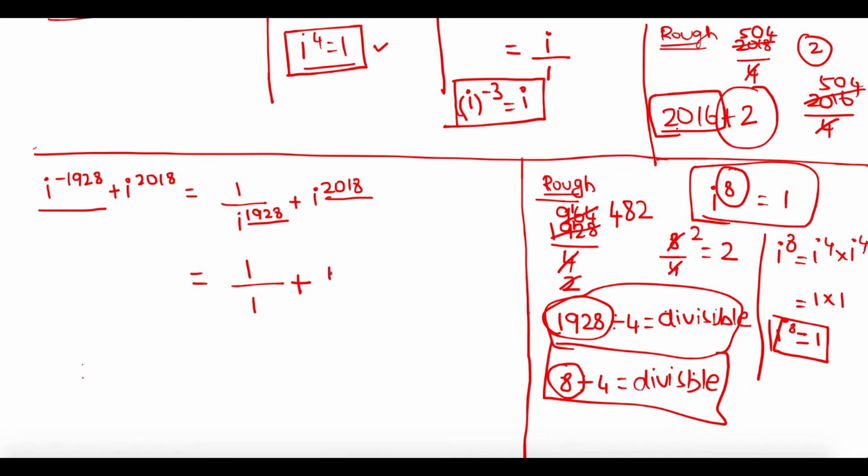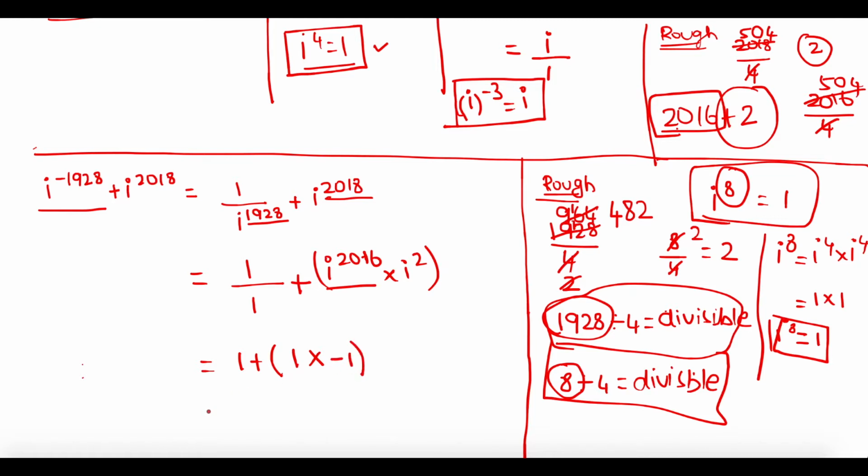So we can say i to the power 2016, sorry, 16, times i to the power 2. Okay, so I'm going to write i to the power 16 as 1, because anything which is divisible by 4, we are already writing it as 1, times i square. What is the value of i square? We already have done it. i square is minus 1.